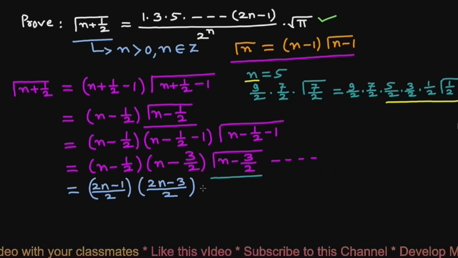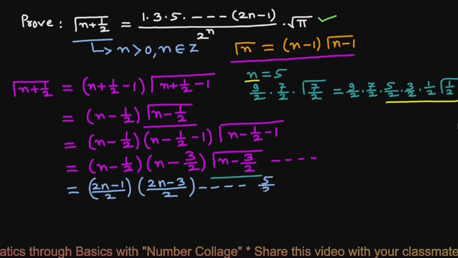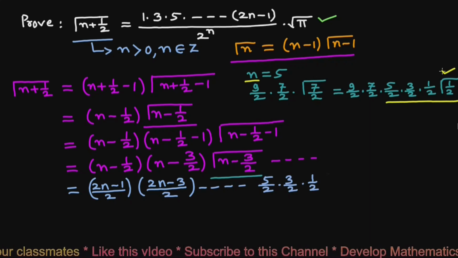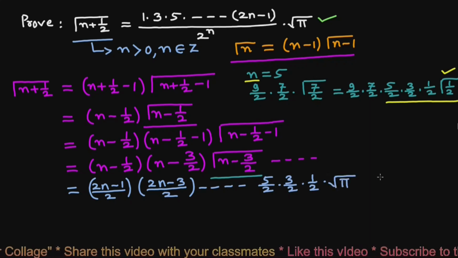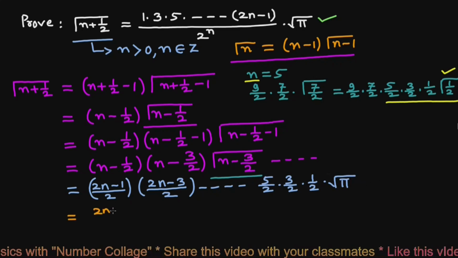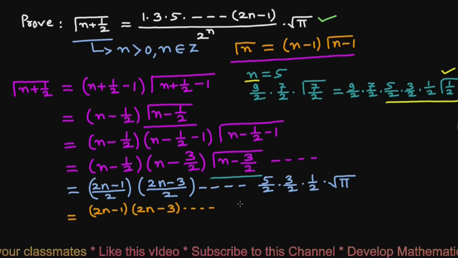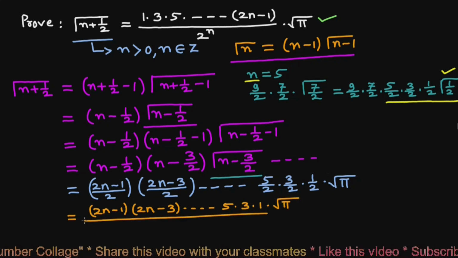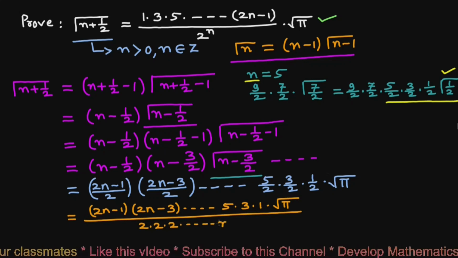Therefore we write here so and so forth, and the last terms of the expansion 5 by 2, 3 by 2, half, and particularly for gamma half we write square root pi, about which we have learned in my earlier videos on gamma function. This we write as 2n minus 1 into 2n minus 3 into so and so forth 5 into 3 into 1 into square root pi upon 2 into 2 into 2 into so and so forth n times.